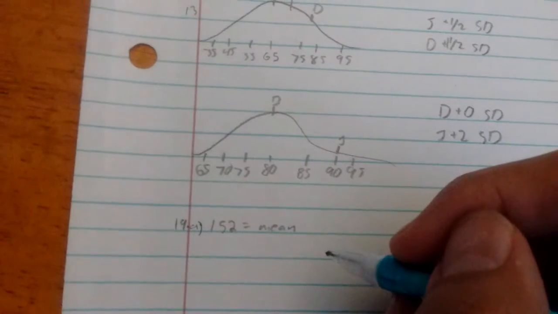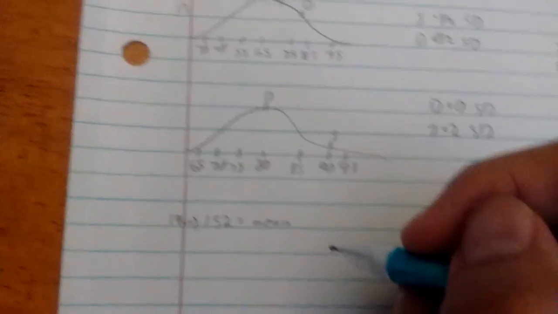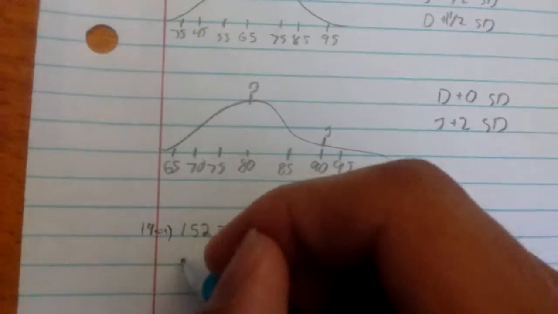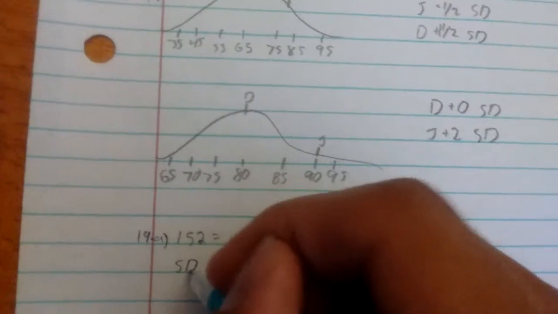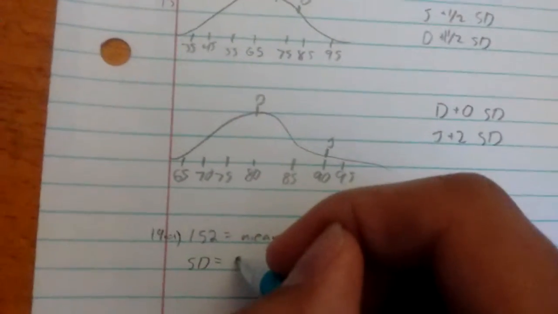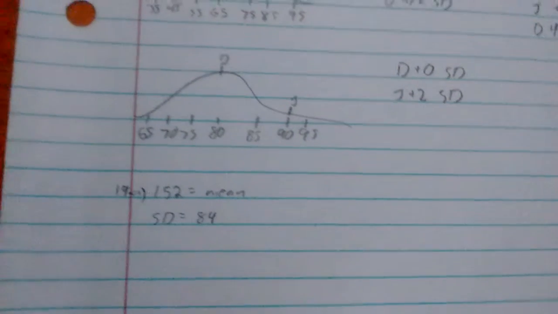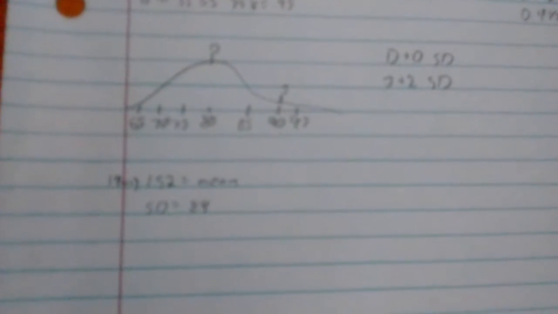The second part of part A asks what the new standard deviation would be after doing this. As it turns out, the new standard deviation remains at 84, meaning it is unchanged because we are only shifting our data, not changing our spread.